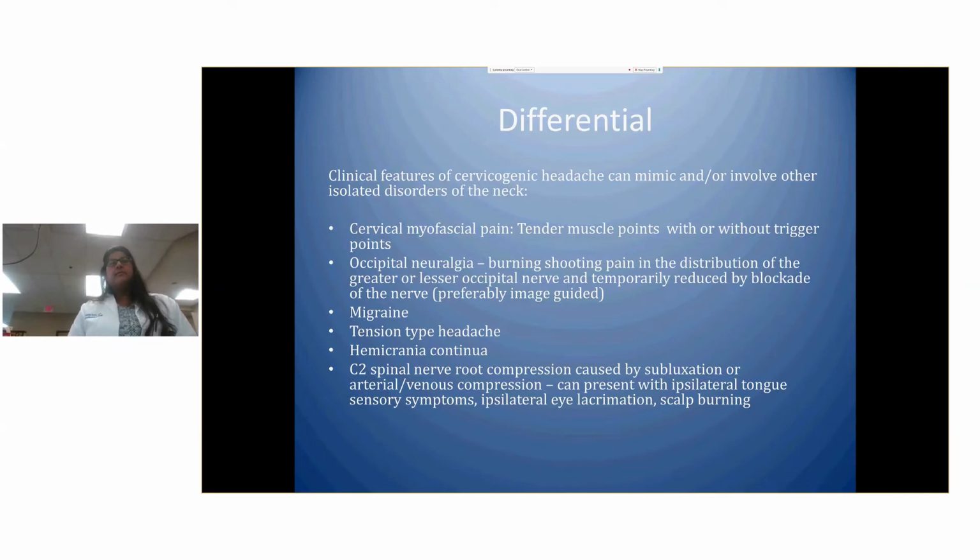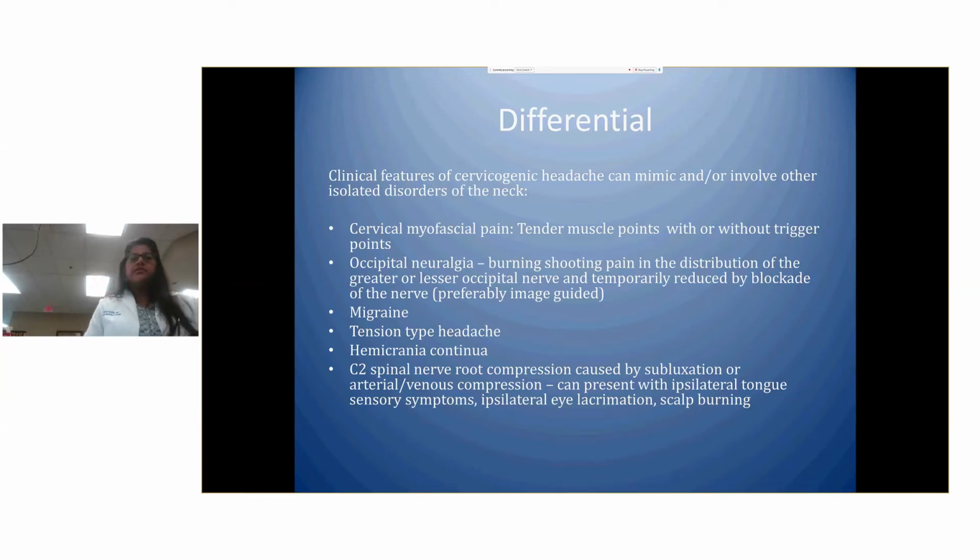Migraine, I'm not going to get into the different types of migraine, but there are several different types. Tension type headache, which typically presents in a band-like fashion surrounding the head, frontally or posteriorly. Hemicrania continua, where a lot of patients present with autonomic type symptoms and pain on one side or the other, with some unilaterality.